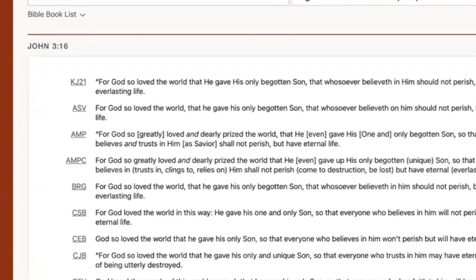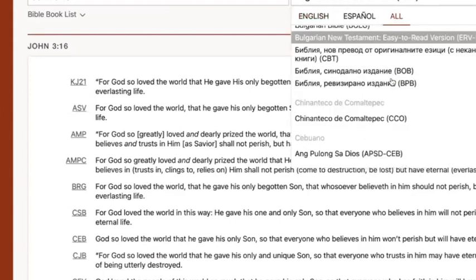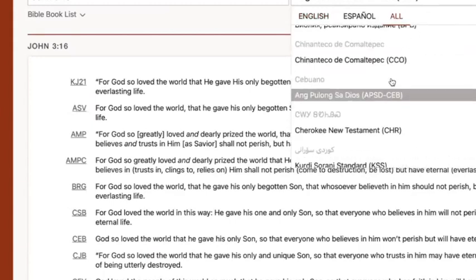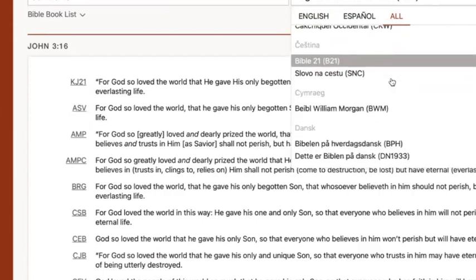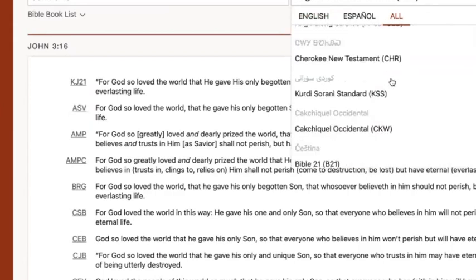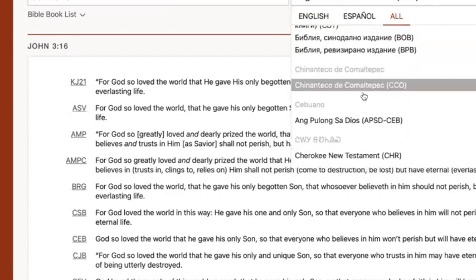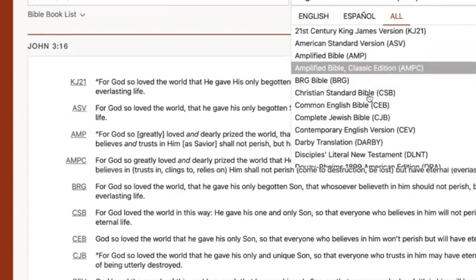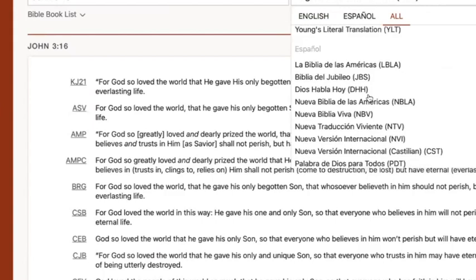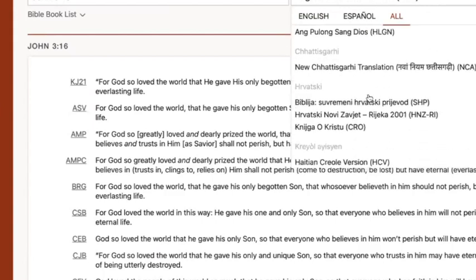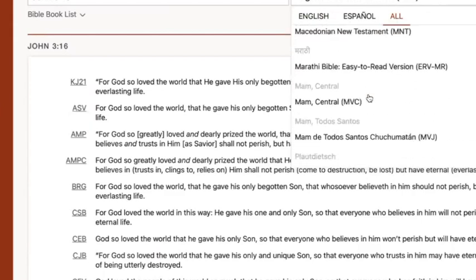Now let's check if there are other translations. I think there might be some Chinese translations. I'm not sure what that one is, but or Tagalog versions. So all the different languages they have here.